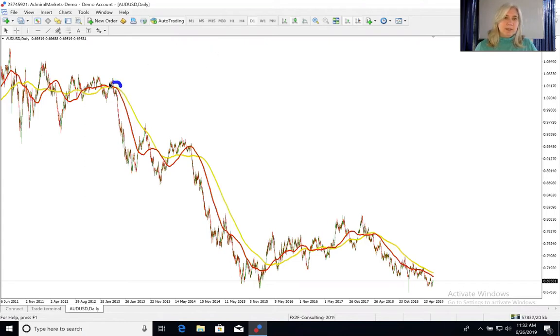So here we have that first cross of the red going below the gold, and we have quite a long downtrend there until it crosses here. We have our short uptrend and then crosses here again for quite a long downtrend.